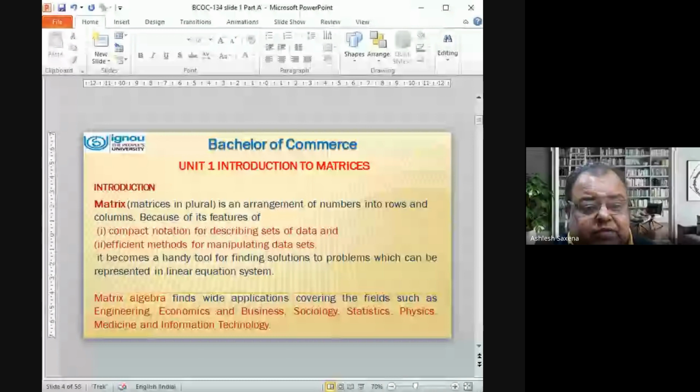Because of its feature of compactly describing sets of data and being an efficient method for manipulating data sets, it becomes a solution to problems which can be represented in linear equation systems. Its applications are in economics and business, sociology, statistics, physics, medicine, and information technology.